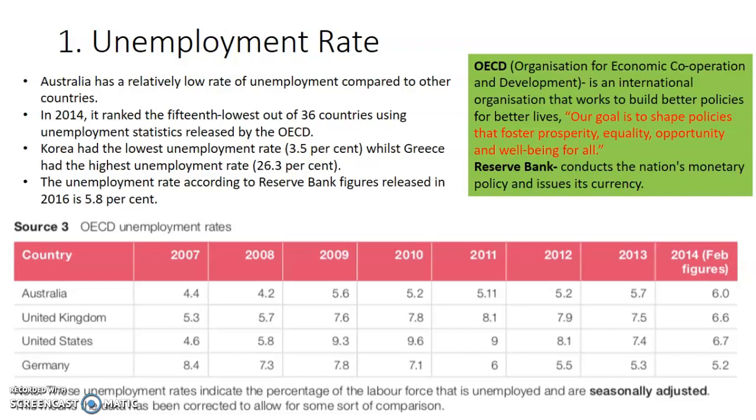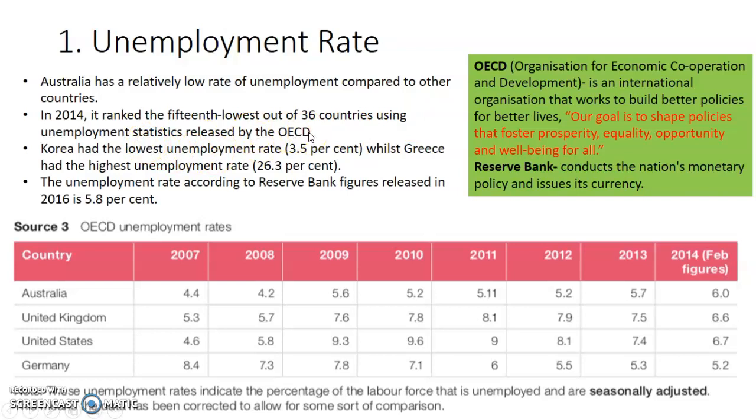Now, unemployment rate. Australia has a relatively low rate of unemployment compared to other countries. This is true, but in this current scenario, our unemployment rate is rising, and especially within Victoria, it is rising more and more. By the end of this year, Australia's unemployment rate is predicted to go to 10%, which is huge. In 2014, it ranked the 15th lowest out of 36 countries using the unemployment statistics released by the OECD.